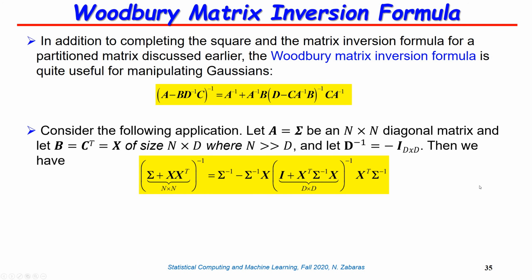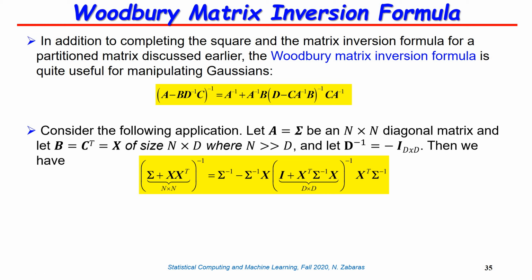So if you plug in all of these things, what you get is that the inverse of sigma plus x x transpose is equal to this complicated expansion. But you notice in here I have x transpose sigma inverse x, and if you follow the dimensionality of the matrices, you realize that the matrix that you have to invert is not n by n, but is d by d.